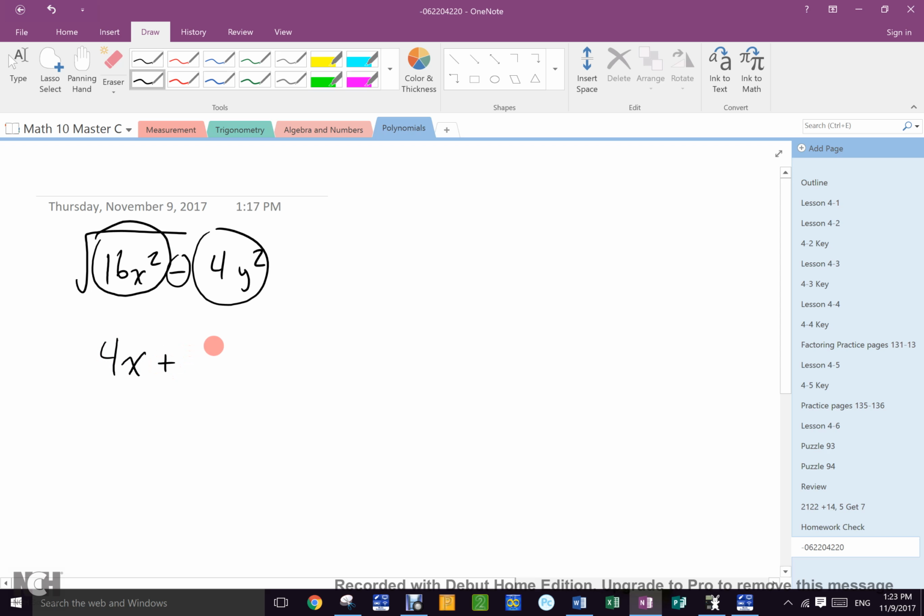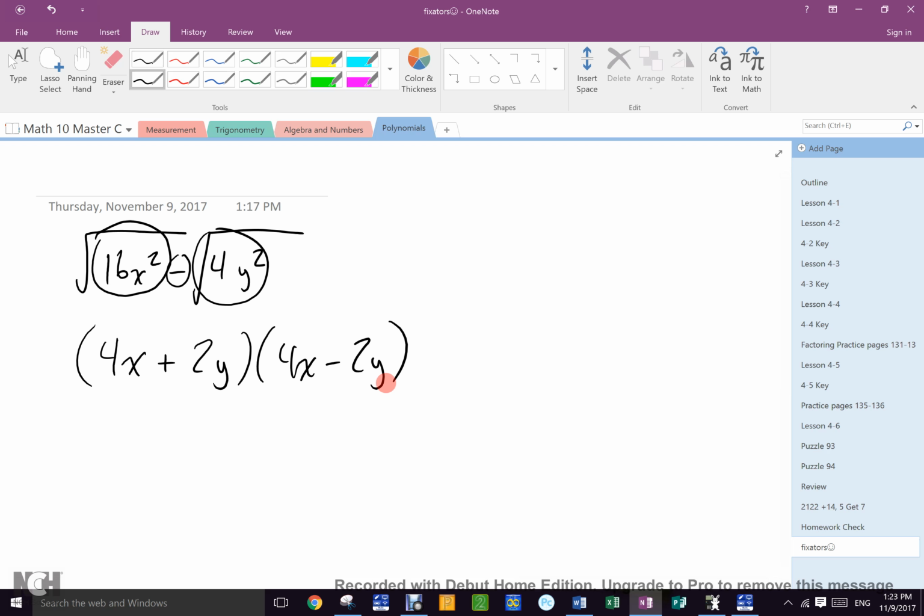And we add the square root of the second one. What's that? 2y. And then we write it again with a minus. Well, wait. Okay? We're just going to stop there for now. I'm just wanting to wake your brains up to the square root thing.